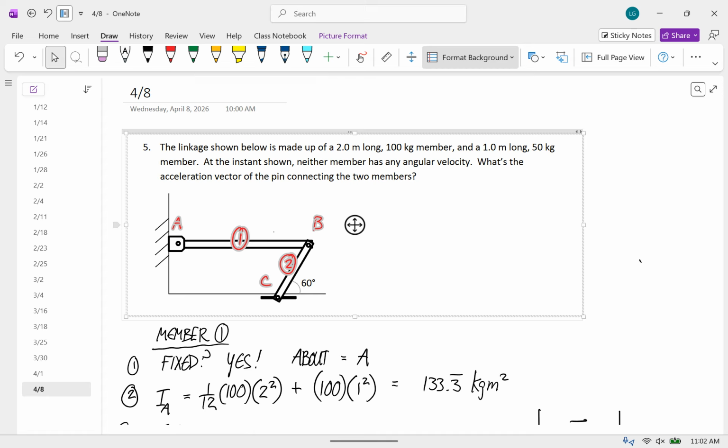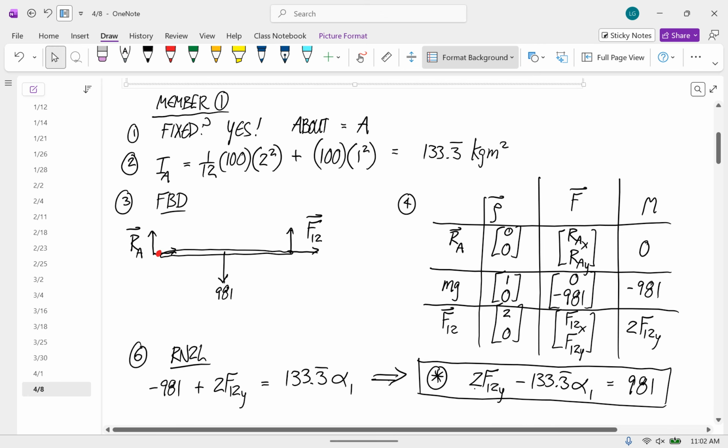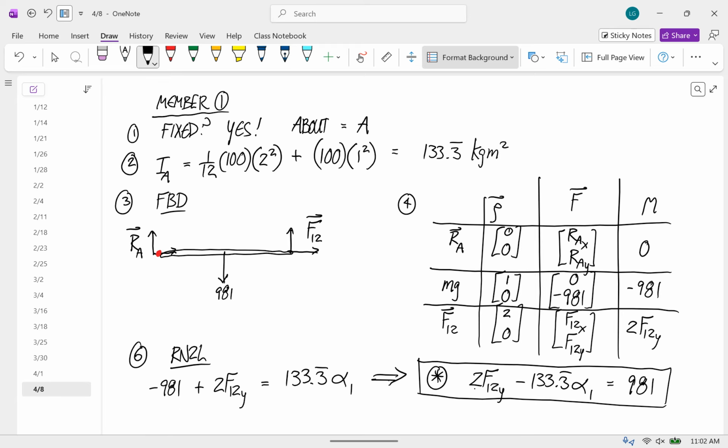What if we wanted to calculate the reaction force at A? Notice, that didn't come up in our equations. How would we do that? Perfect. Yep, exactly. So now we have all these values. First, I guess, we have to calculate the acceleration of the center of mass of 1 based on the values we have.